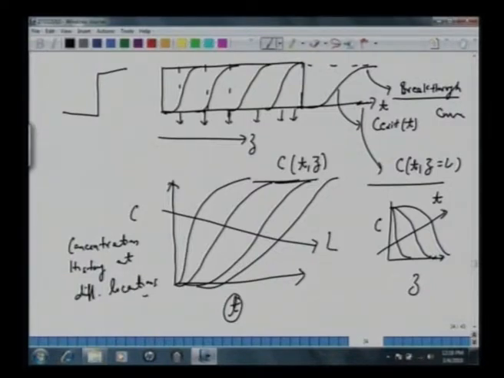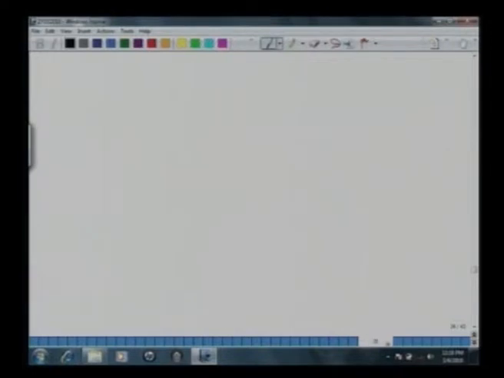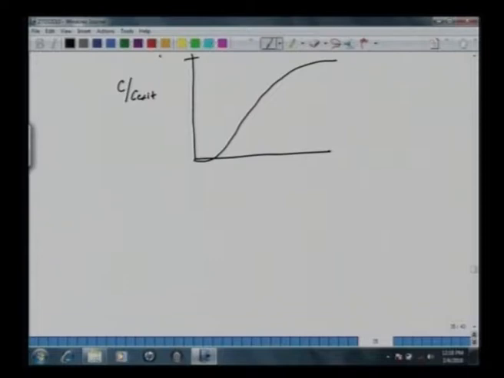Alright, so now let's come back to this exit concentration. So we are monitoring the concentration like this, C over C exit. So this is 1, this is time here. When the bed becomes saturated, the concentration reaches the same level as the inlet, 1 here. Okay, and from the practical point of view, you will like to suppress this breakthrough.